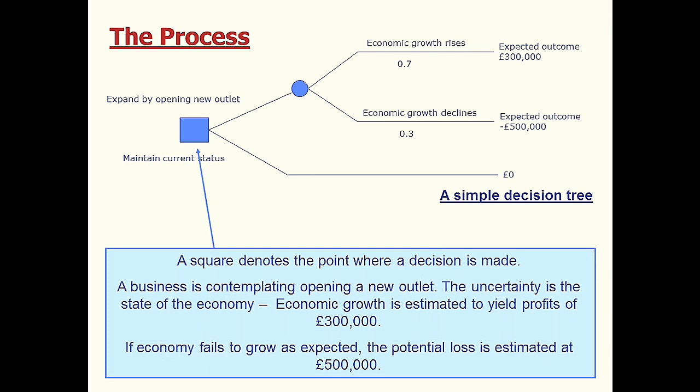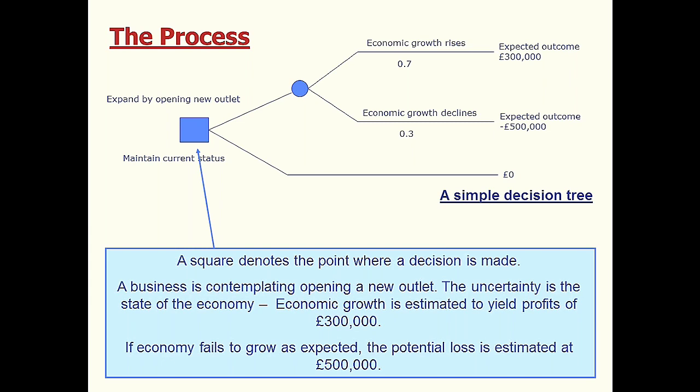And then when the business is starting to open a new outlet, there are uncertainties about two things, which can be the economy growing or economy not growing. Now when the economy is expected to grow, there will be an expected outcome of 300,000, and if the economy is not doing so well, that means the economy is declining, the expected outcome will be a loss of 500,000.